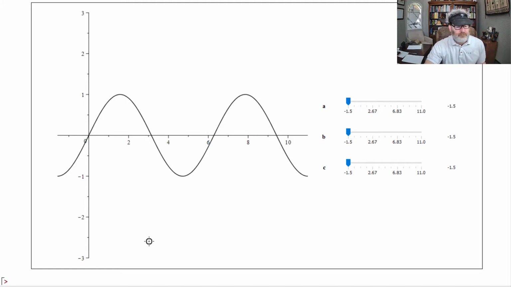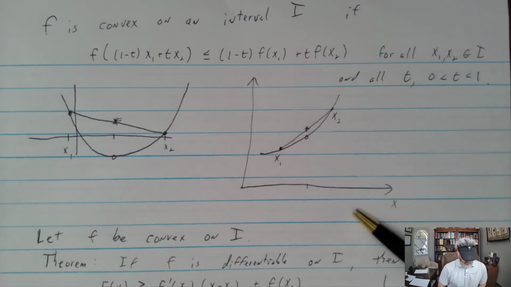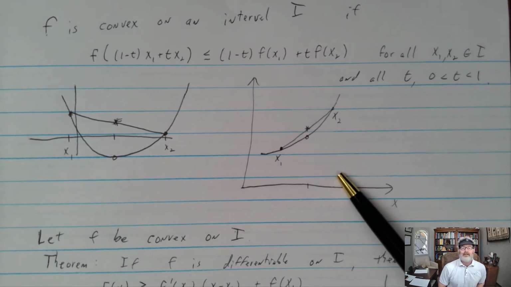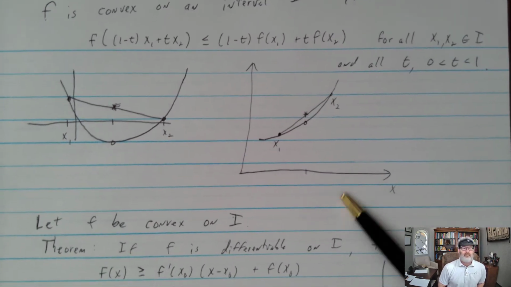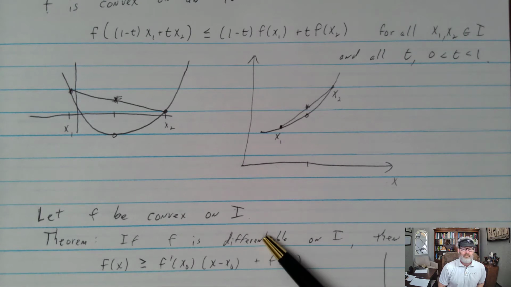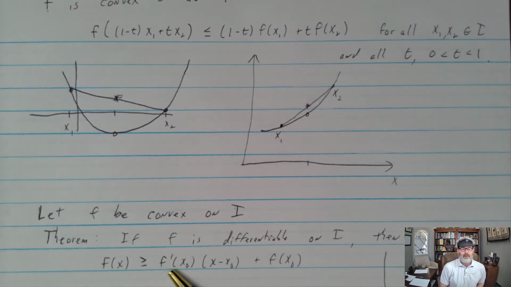So let's look at the proofs. The first thing I want to prove is that if the function is convex and differentiable, then the function is always above its tangent lines.